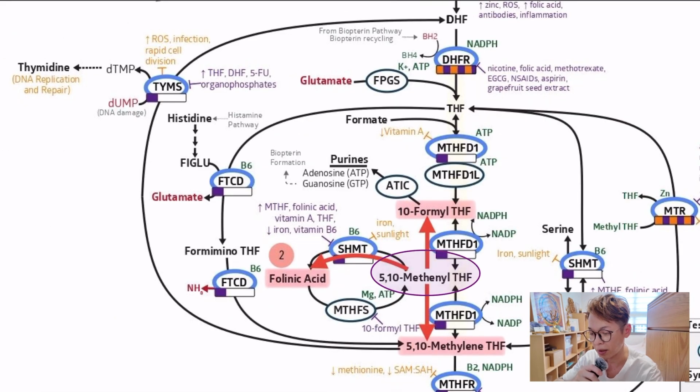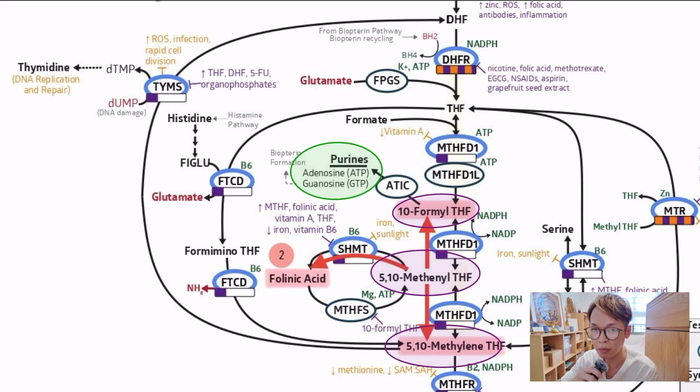Then 5,10-methenyl tetrahydrofolate can be converted back upwards to 10-formyl tetrahydrofolate if the body requires to synthesize more neurotransmitters or more energy via the purine synthesis, or proceed downwards into 5,10-methylene tetrahydrofolate to make more DNA.